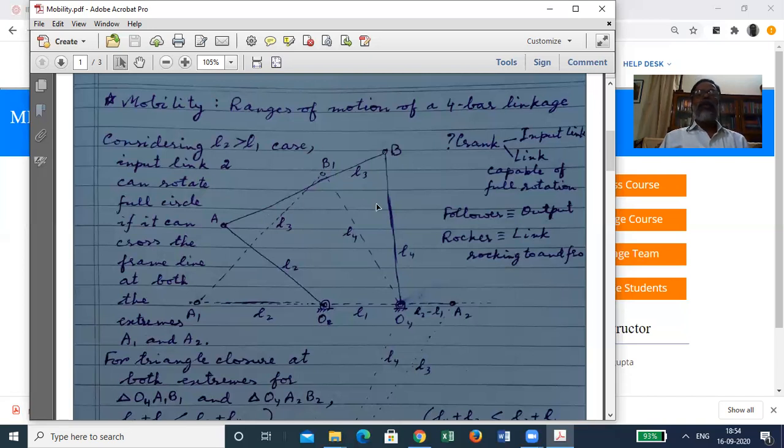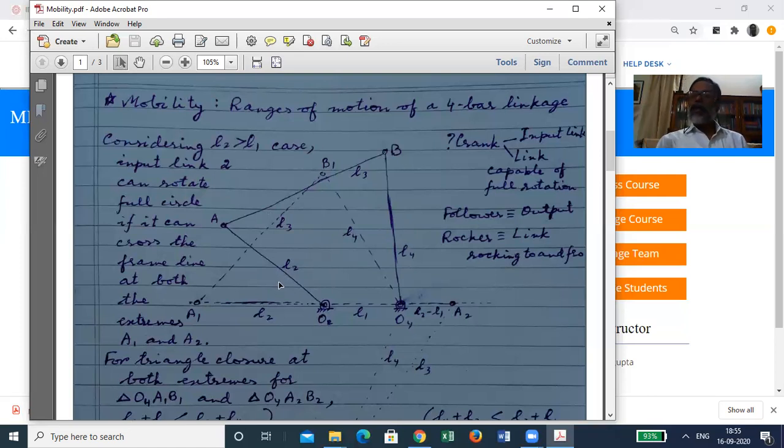And now, if this link cannot turn full circle, then what will it do? From one value of the angle to another, it will be able to move, and then for the remaining cycle of operation of this one, it will have to come back.